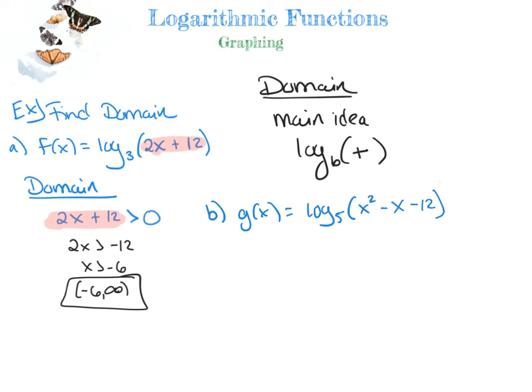Okay, so if we're just asked to find the domain, we only have to look at the argument, x squared minus x minus 12, and set that strictly greater than 0.